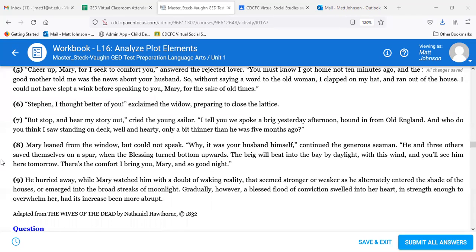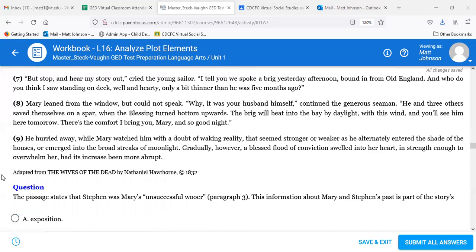Etta, want to read 9? He hurried away while Mary watched him with a doubt of waking reality. That seemed stronger or weaker as he alternately entered the shade of the houses or emerged into the broad streaks of moonlight. Gradually, however, a blessed flood of conviction swelled into her heart in strength enough to overwhelm her, but its increase being more abrupt.